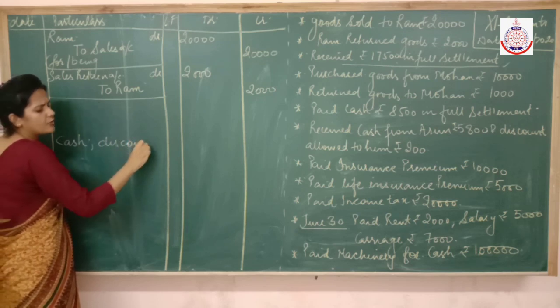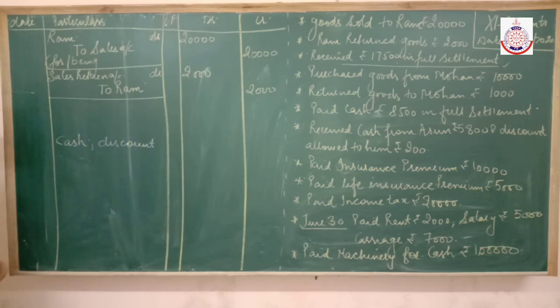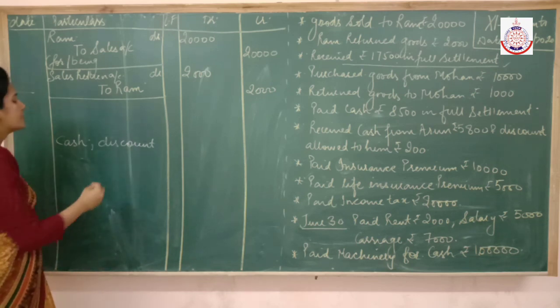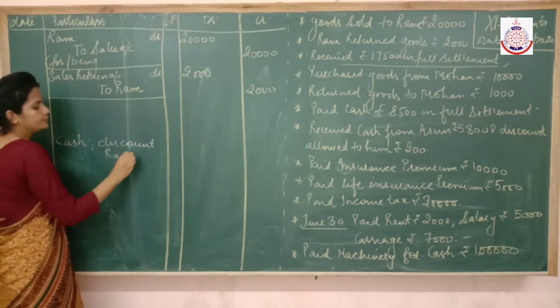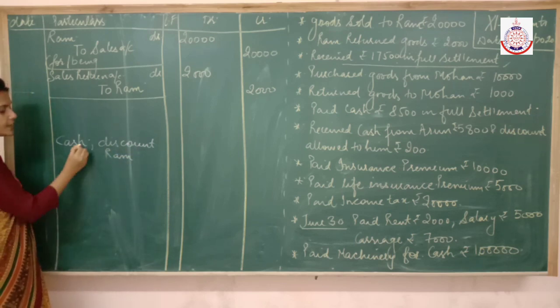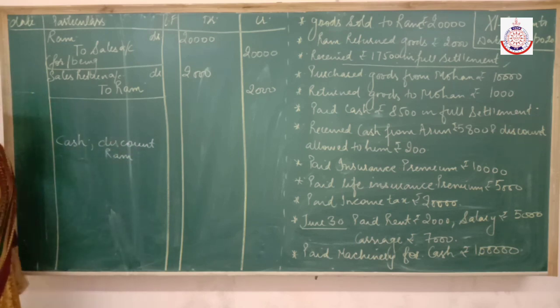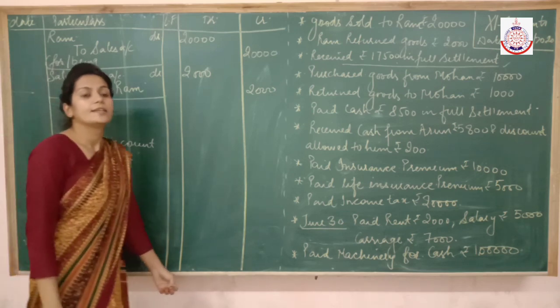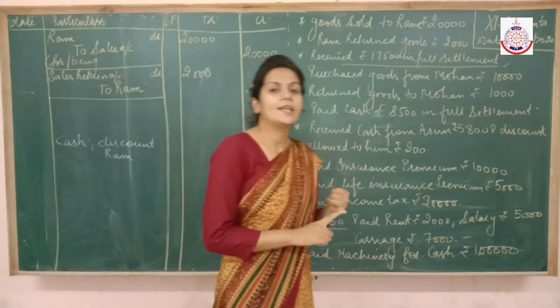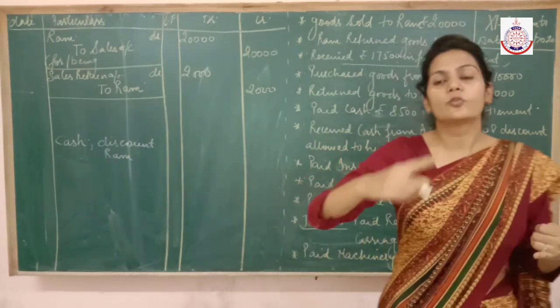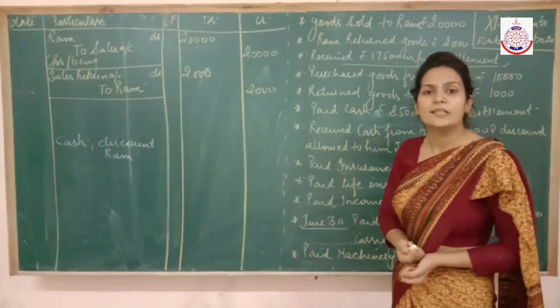You have given him a discount being a customer. And who is going to pay you the money? Ram is going to pay you the money. So in this entry, 3 accounts are affected. And this I only told you yesterday, that every journal entry will affect at least 2 accounts. It could be more than 2 also, like you can see in this case.